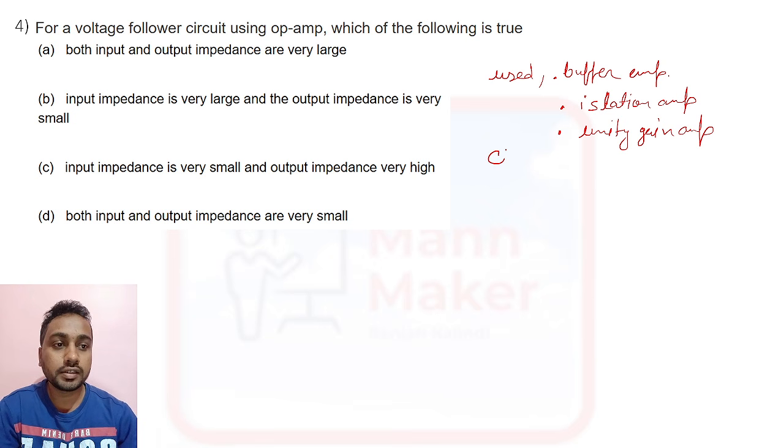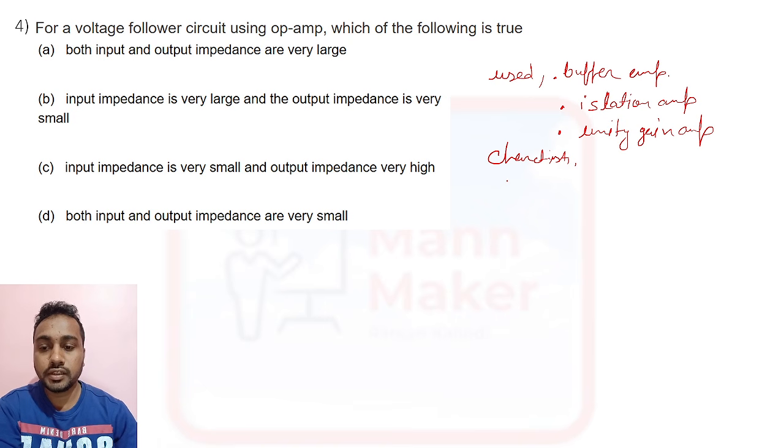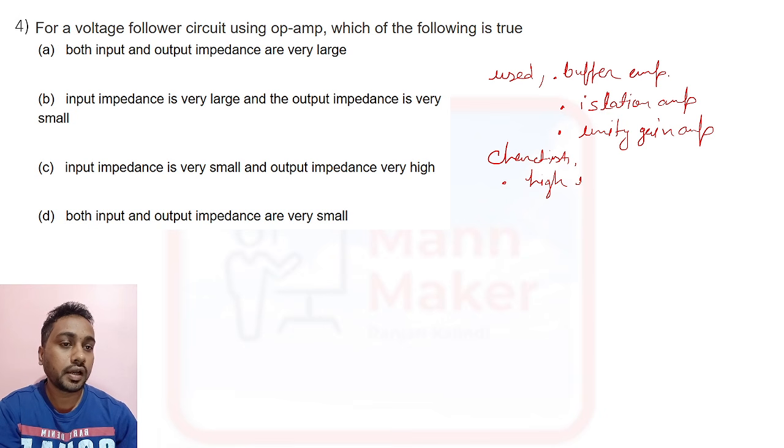Now if you see the characteristics or properties of this voltage follower, it has high input impedance, then low output impedance.